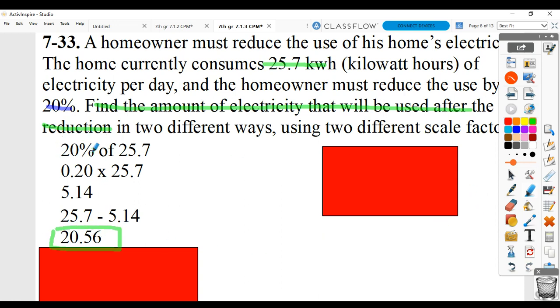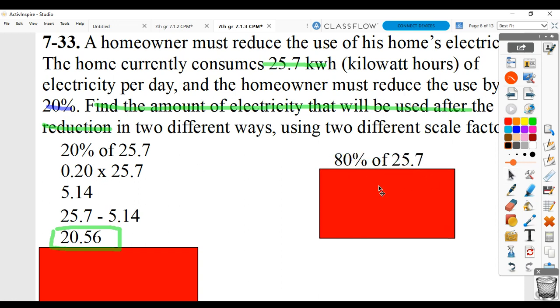Again, if you want to think of that as a scale factor, it's the idea of 1/5 or 20% of the amount. And again, as I talked about, if you're reducing by 20%, that's also the same as using 80% of what you were using. So reducing by 20% means we're now only using 80% of the electricity that we were.